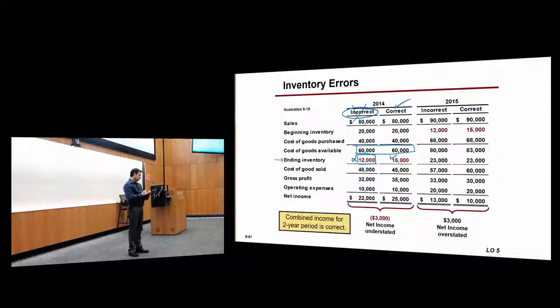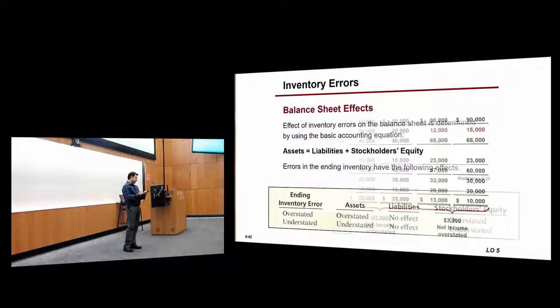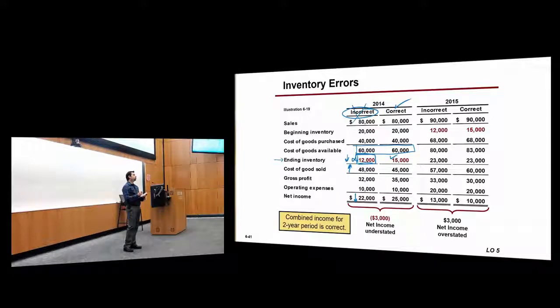An understatement in ending inventory led to an overstatement in cost of goods sold. Because cost of goods sold is overstated, net income will be understated. You're saying that you have more expenses.